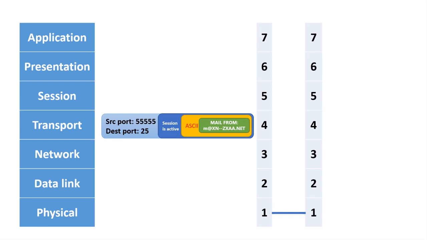It's the easiest example to use because it's the one that you are most familiar with, even if you've not really worked with networks on this level yet. So what you can see there is we've added in the header that the destination port is 25. In other words, what we are telling the receiving layer 4 is that this message, this packet that we are constructing, is intended for the email server, because the email server, more specifically the SMTP server, will be waiting on port 25 for us.